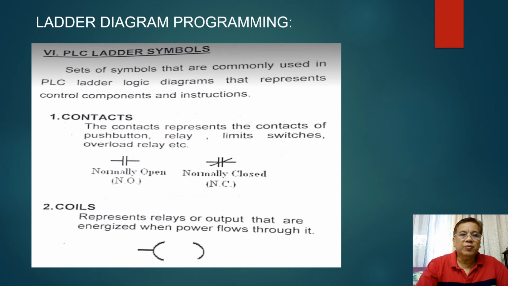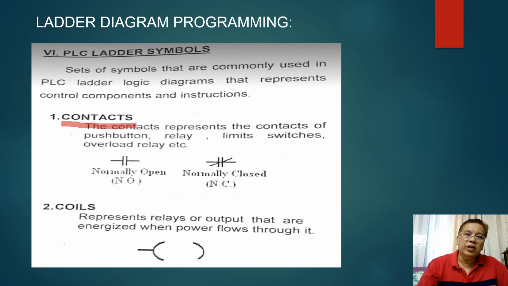So, for example, is your contacts. Okay, these contacts actually represent the input part of your ladder diagram programming. This represents the condition of your switches or relays, for example, or even sensors.